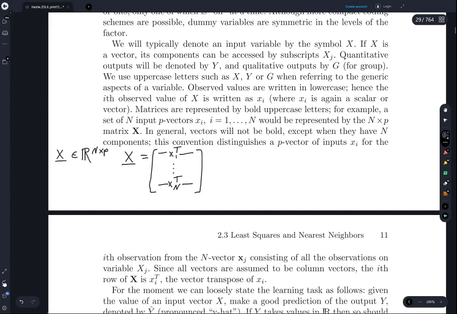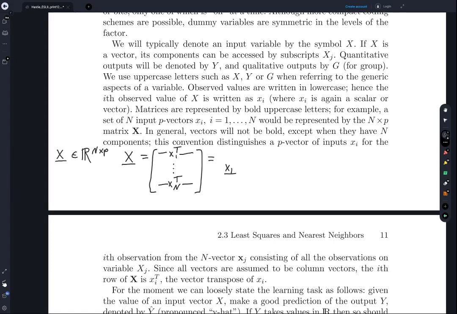So in general, vectors will not be bold except when they have n components. What this is saying is that lowercase bold xj consists of all the observations on variable capital Xj. So we have a bold x1, and here we don't take the transpose because remember vectors are column vectors, so they're vertical.